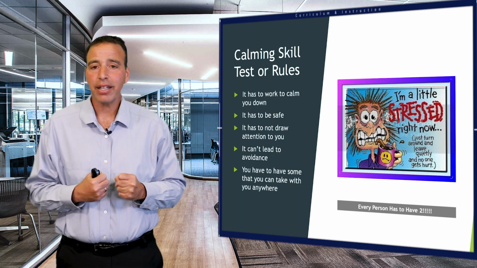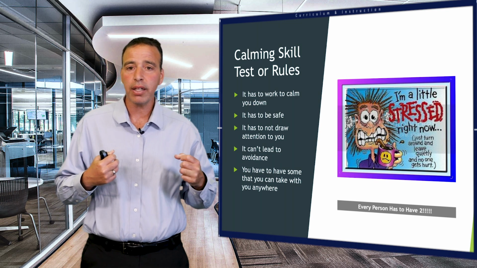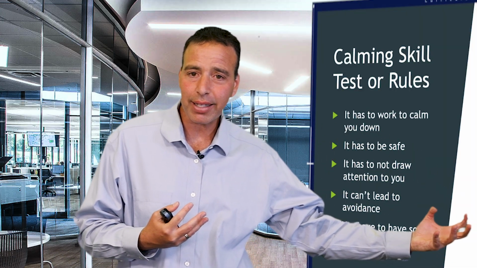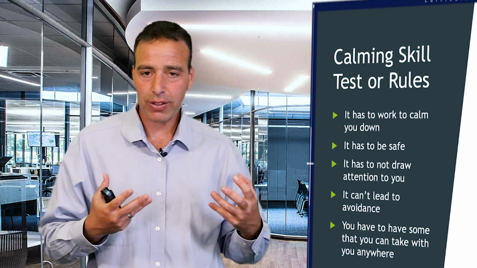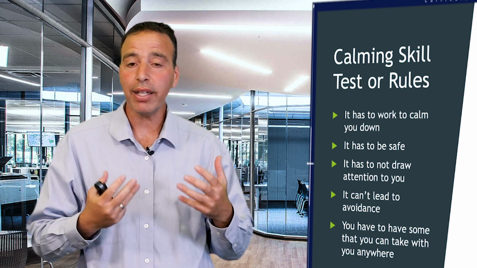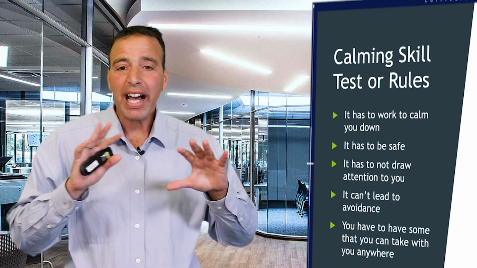Every person needs to have 2 that they've practiced, that they can use to calm themselves down when either their emotion brain is taking over or their anxious brain, to help them then deal with what it is in a healthy way.